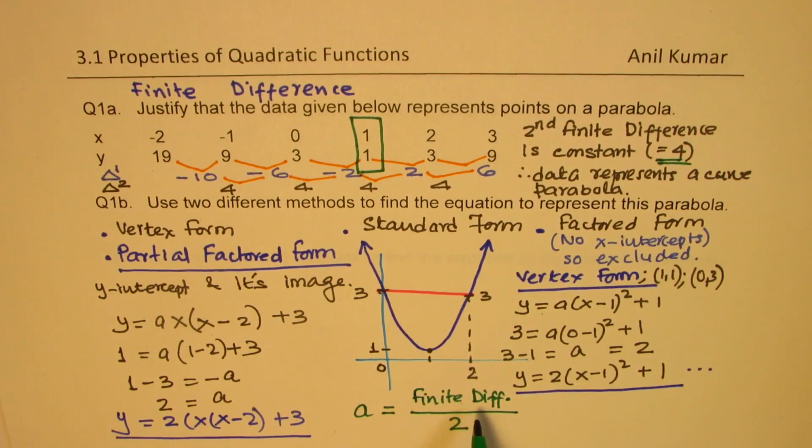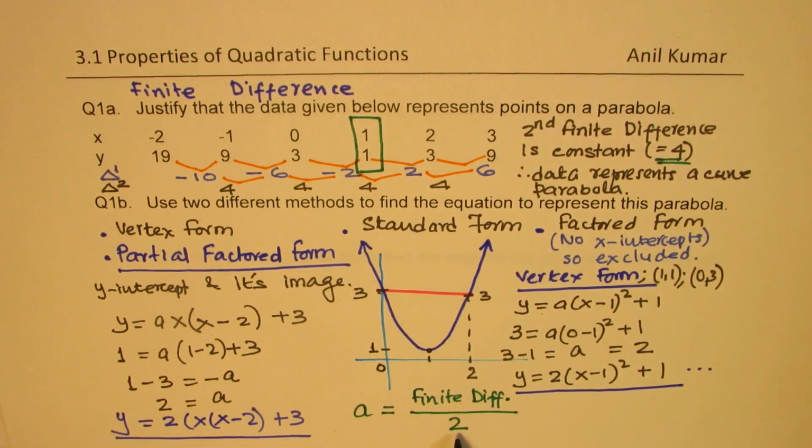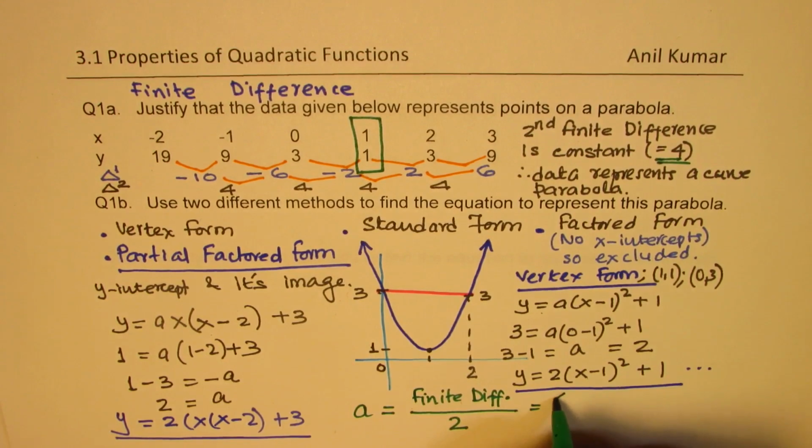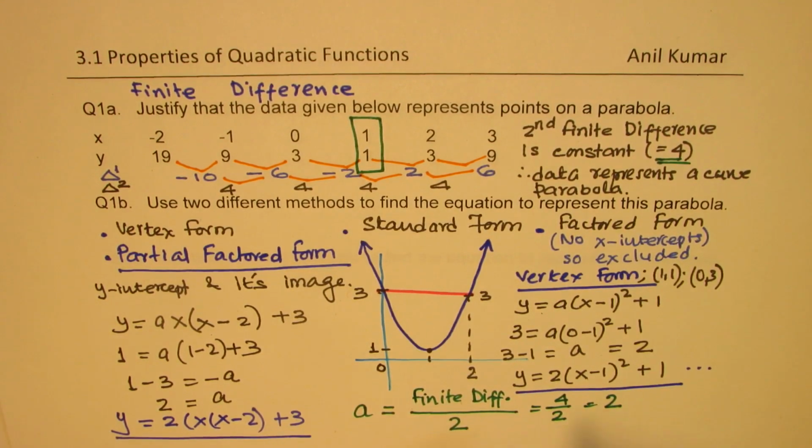The general formula for any polynomial is the finite difference over n factorial. So here, the value of a is half of the finite difference. In our case, the finite difference was 4, and if I divide 4 by 2, we get 2. This is an extremely important formula to remember.